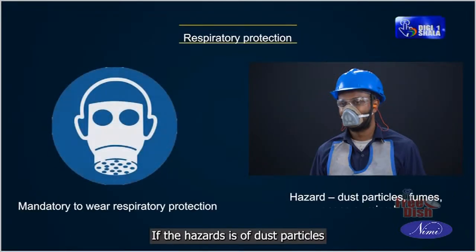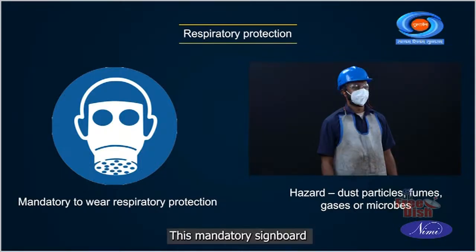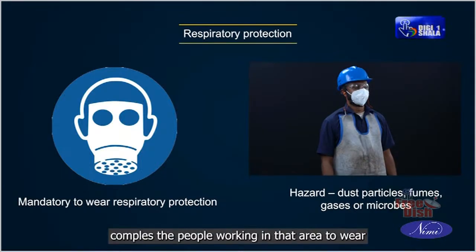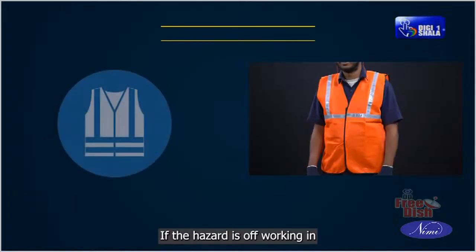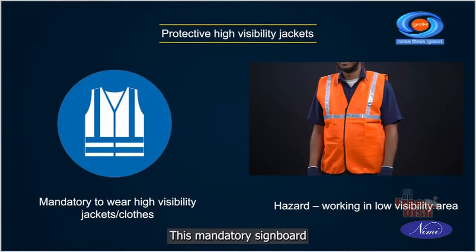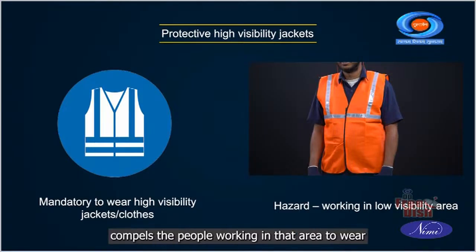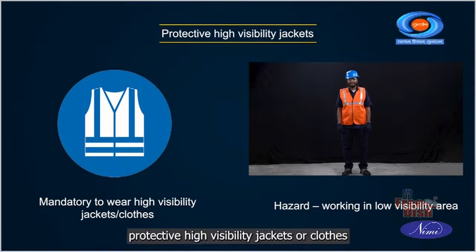If the hazard is of dust particles, fumes, gases or microbes, this mandatory signboard compels the people working in that area to wear respiratory protection like face masks. If the hazard is of working in low visibility area, this mandatory signboard compels the people working in that area to wear protective high visibility jackets or clothes.